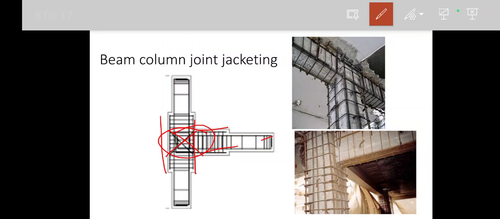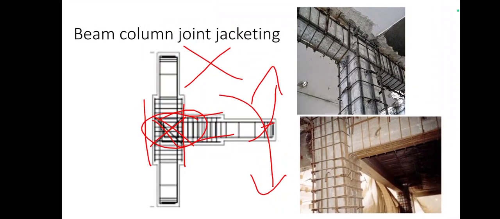Why are these X shape bracings provided? If the beam moves upward during earthquake loading, the opposite bar will take the load, and if the beam moves downward, the other bar will take the load. Thereby diagonal cracking can be prevented at the joints.